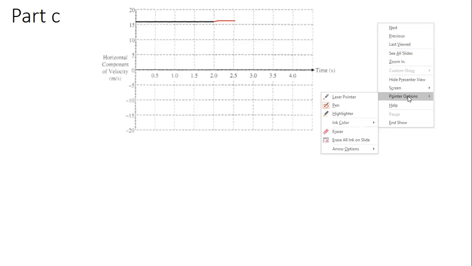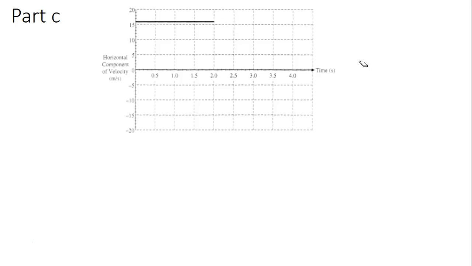If you continued this line, you don't want to do that. I'm going to erase it. It specifically only asks you to graph it up to the plane of the fence. So you only want to graph it till 2 seconds. Next, we want to graph the vertical component of the velocity. I want to point out that we know it'll be a straight line because the acceleration is constant.